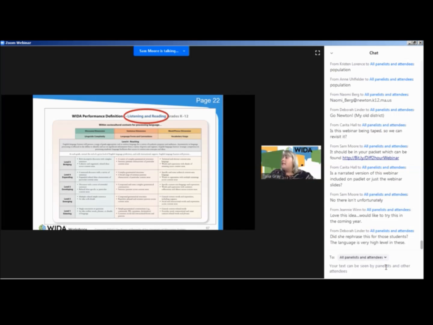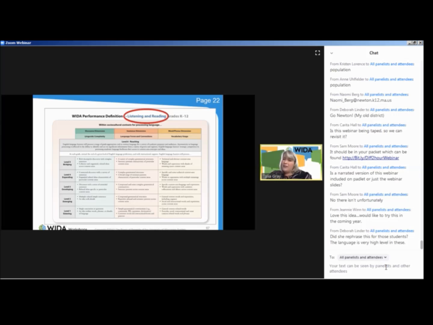Talia, there was a good question when you were talking about how you had a colleague who actually did this with their students. The question was, did the teacher rephrase these for those students because the language is pretty high? Yes, it is. And one thing that you might want to do if you are using this with students is make it a little more kid-friendly for them.